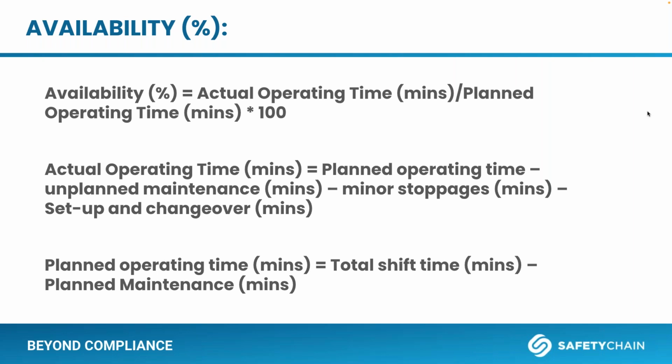So that would equal our actual operating time. Planned operating time is our total shift time in minutes, typically less our planned maintenance. So if we have planned maintenance, what's our total shift time minus our planned maintenance, and that is our planned operating time.